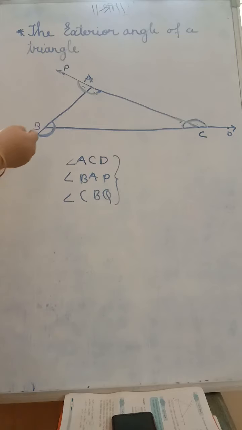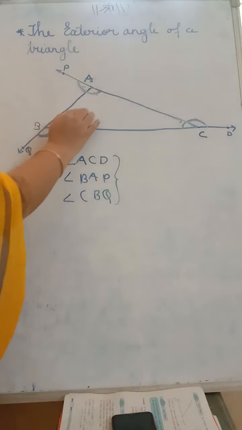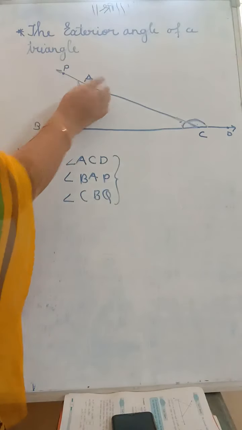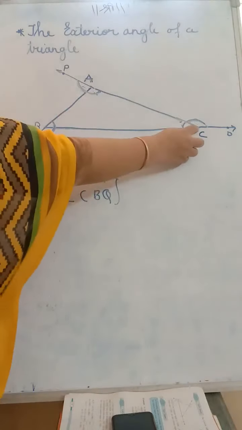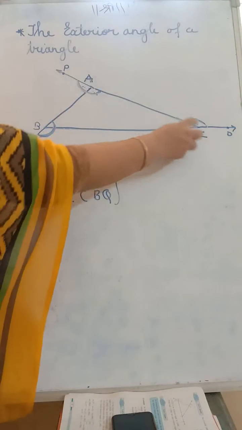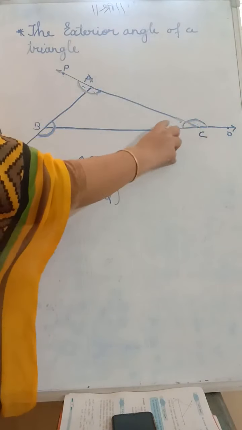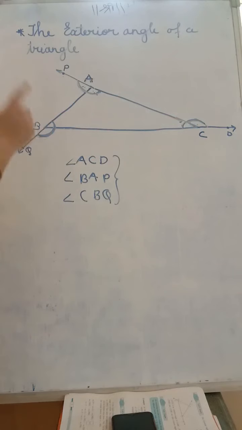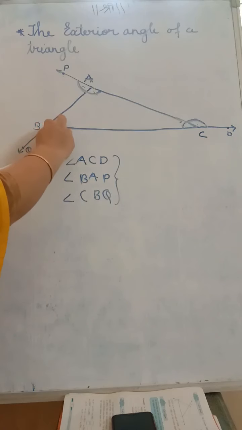Yes, children, they are also adjacent. They have a common arm, a common vertex and separate interiors. So when they are side by side, did we learn that a linear pair is also adjacent? They form a linear pair, and both are adjacent angles.